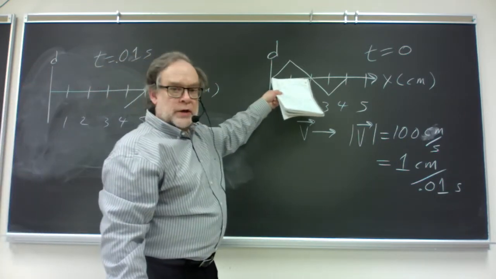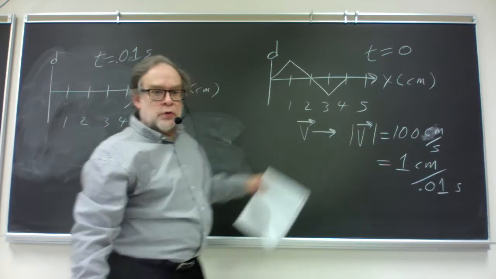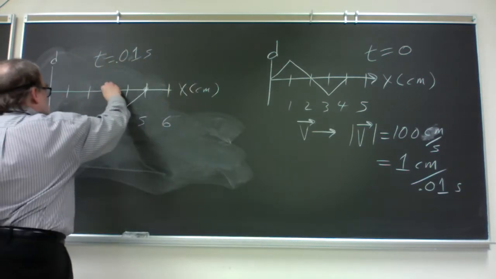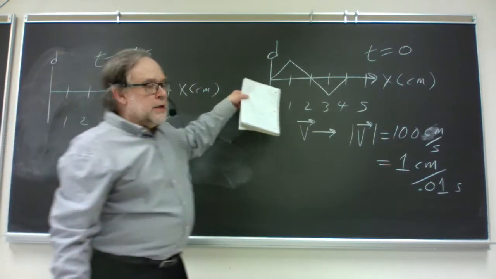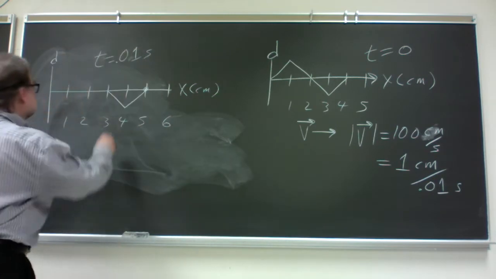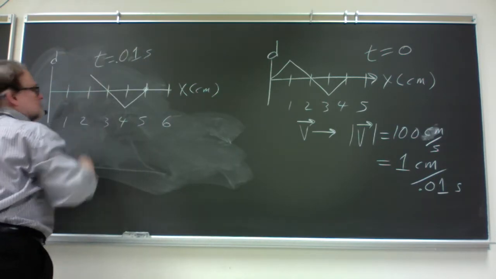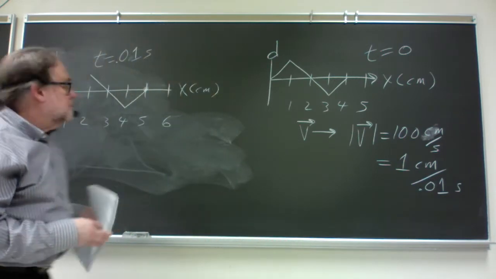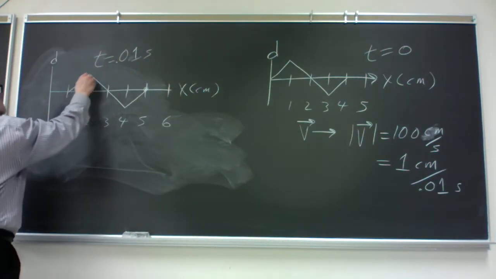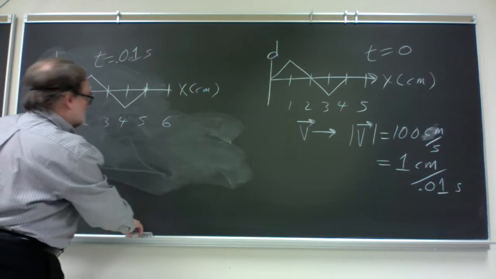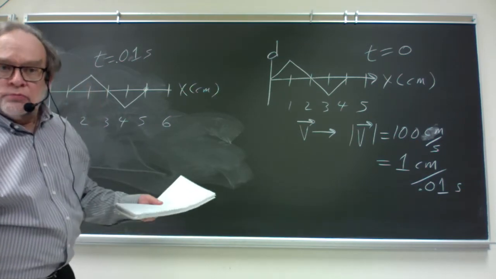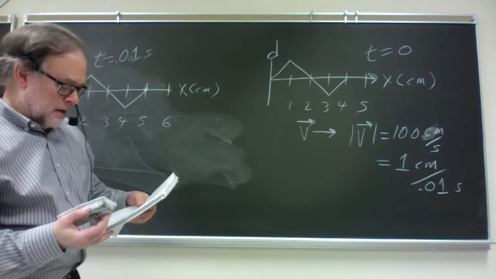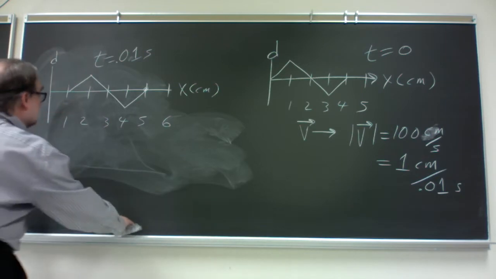And this point here right in the middle has moved from 2 to 3. And the peak has moved from 1 to 2. And the back end of the pulse has moved from 0 to 1. And then just do this again just to reinforce the idea.